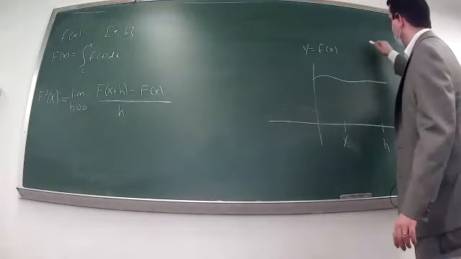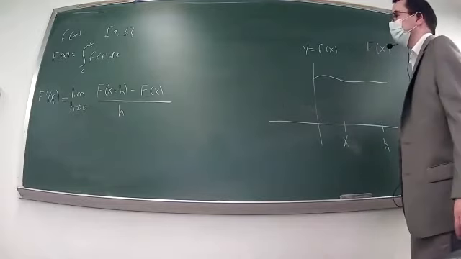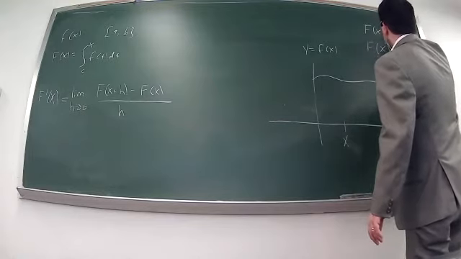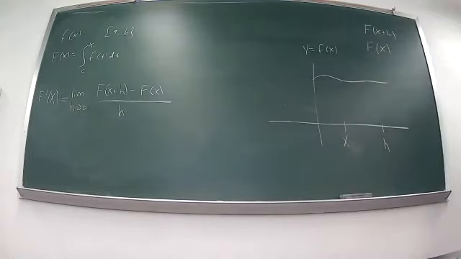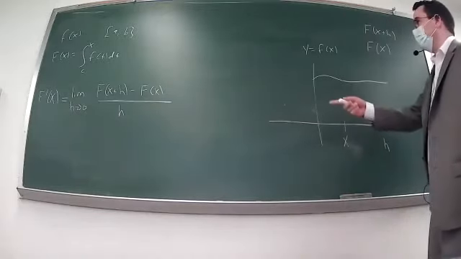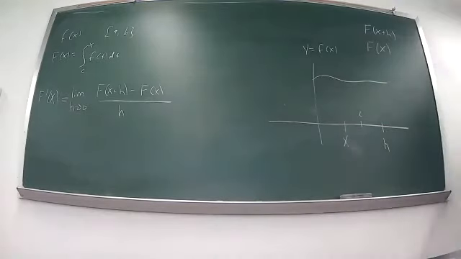And if I want to look at capital F of x and capital F of x plus h, then what am I looking at? Point C could be anywhere, but for argument's sake, let's say that it's right there.